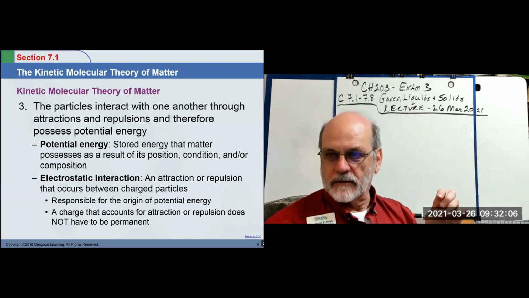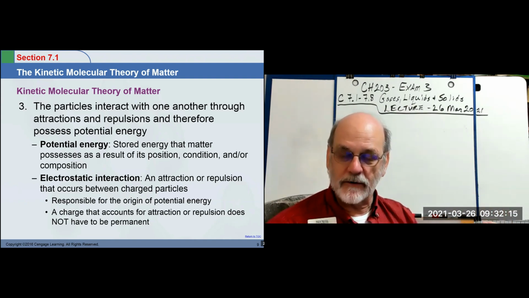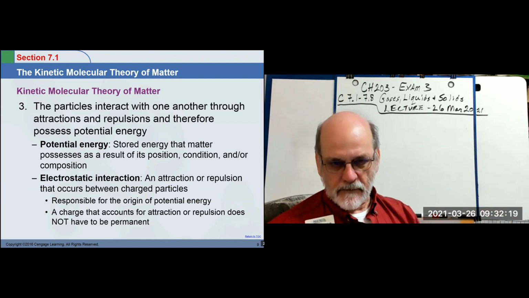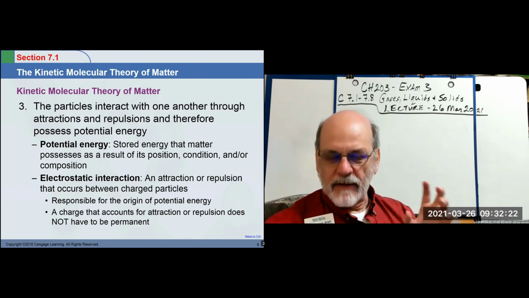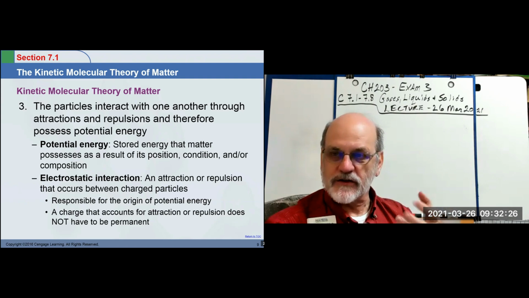Of course, with liquids and solids, we know that those interactions exist. Otherwise, you would not get a liquid formed from a gas as you cool it down. You have to have the interactions. So this energy that is attributed to attractions and repulsions is potential energy.